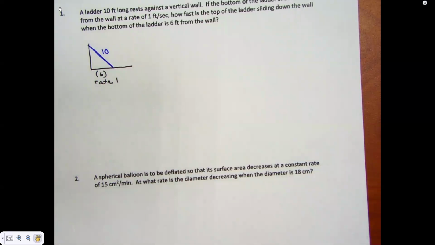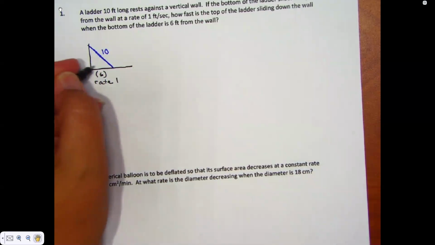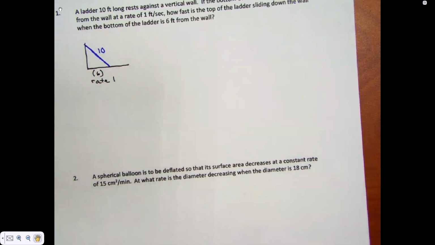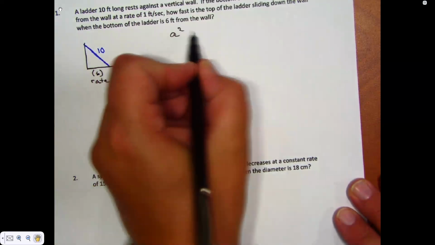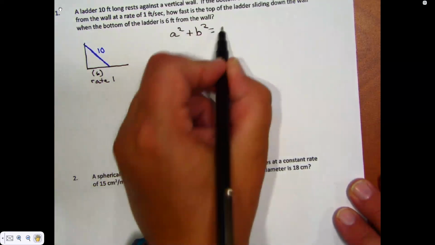Okay, any ideas what equation we're going to use? The first thing, now that we kind of have the picture, what's the equation we're going to use? We're talking about a right triangle. Hopefully they even said a vertical wall. So we're going to use the Pythagorean theorem: a squared plus b squared equals c squared.